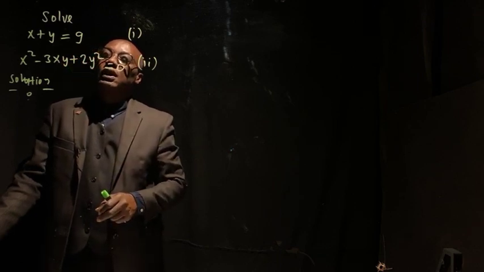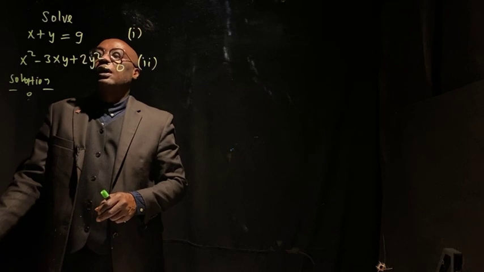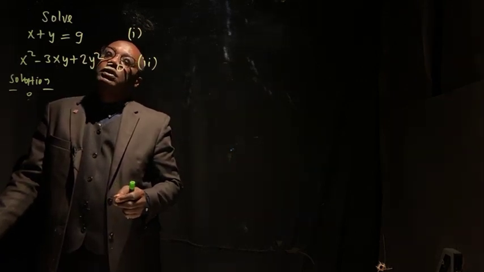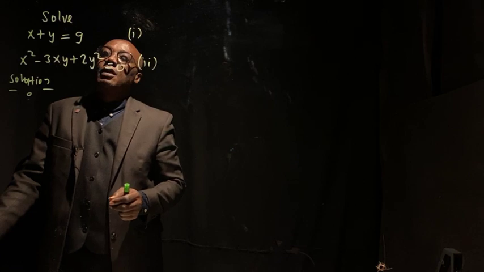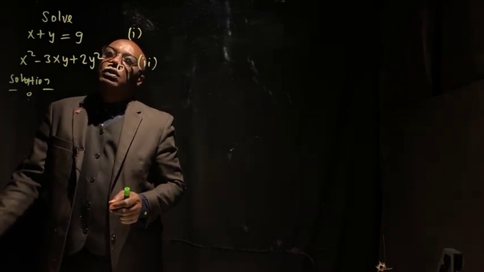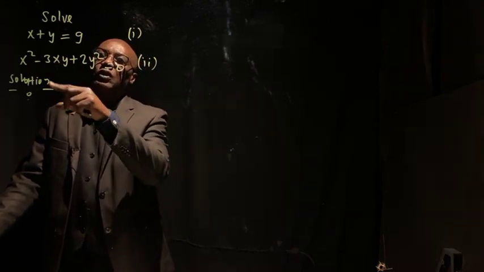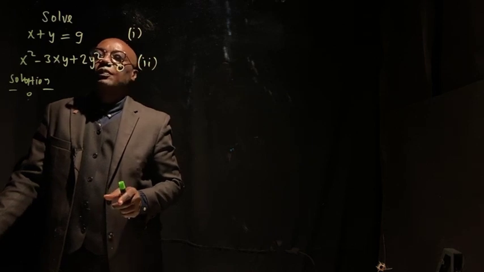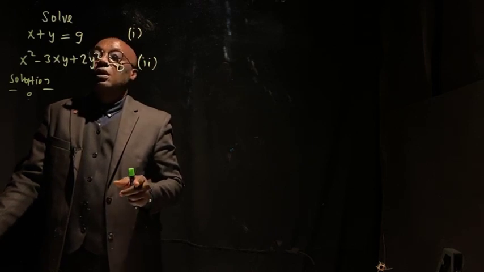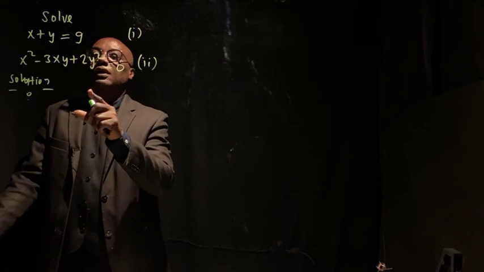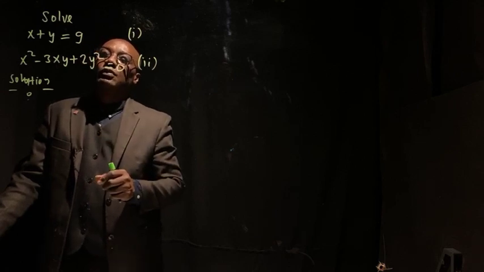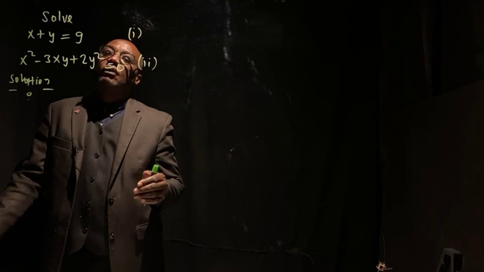That's the reason why it is called a homogeneous equation of second order. If you see any homogeneous equation of second order like this one, which I will explain in much more detail later on, you can immediately recognize it to be a pair of lines.